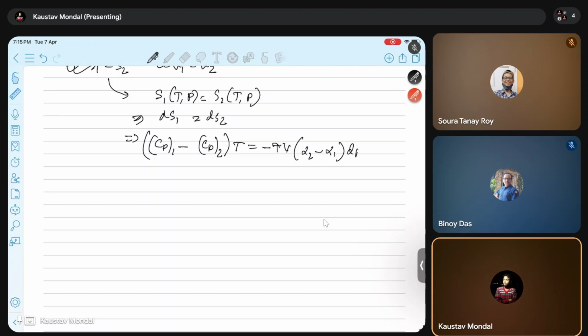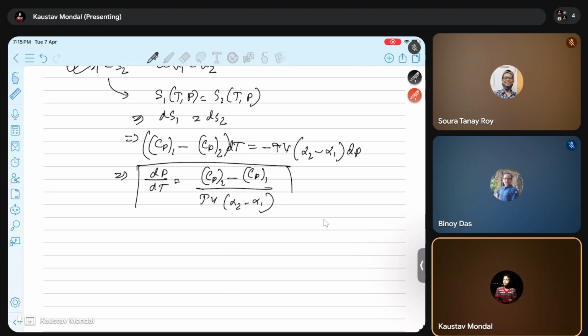Or you can write it like this also: dP by dT equals Cp2 minus Cp1 divided by TV times alpha2 minus alpha1. So this is a form of an Ehrenfest equation.